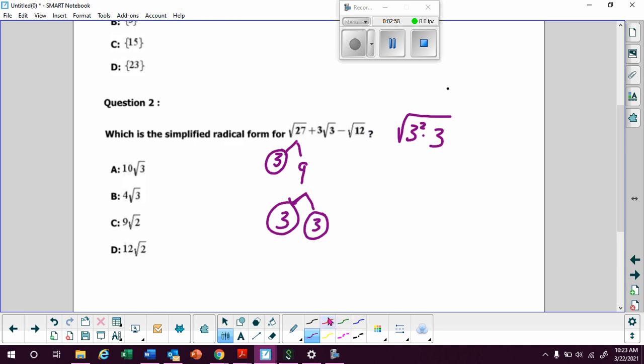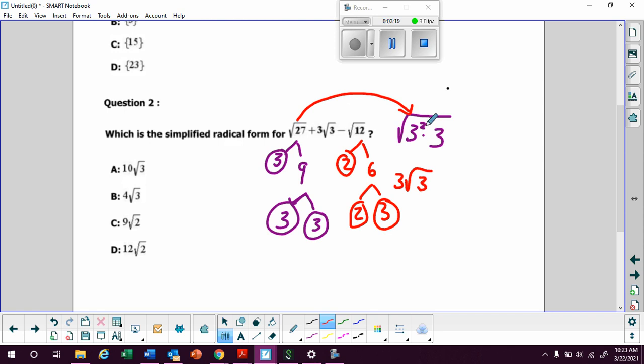And then I'm going to do 12. 12 would be by 2, 6, by 2, 3, right? So this is also, I can write it. So the square root of 27, I can write it as 3 square root of 3, because this comes out as one pair.